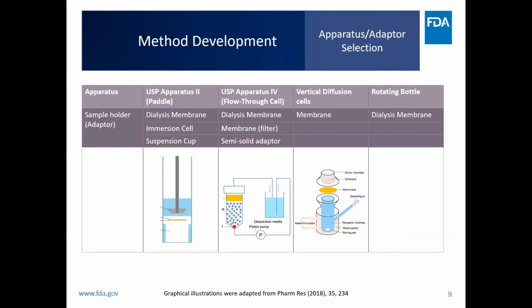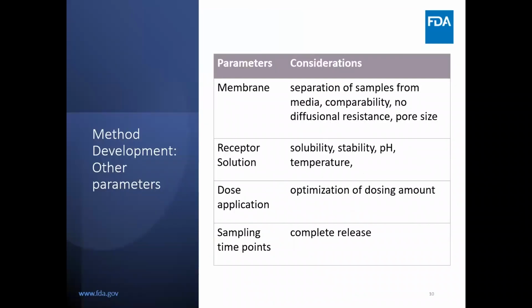Vertical diffusion cells also can be used, but I don't see that many cases for liquid phase ophthalmic products using the vertical diffusion cells. And we have seen a couple of cases of rotating bottle with dialysis membranes. So usually the applicant tried several apparatus and demonstrated that their choice of apparatus and sample holder were optimized.